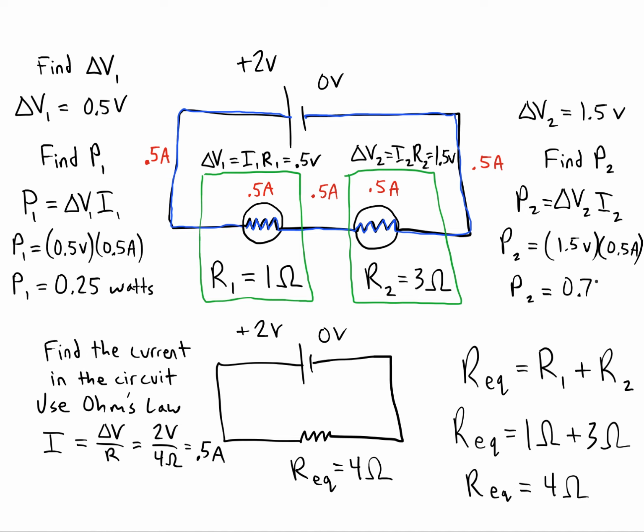Looks like the power dissipated by this light bulb is 0.75 watts. So if everything else is equal about these bulbs' construction, then this one is likely to be brighter. 3 times brighter.